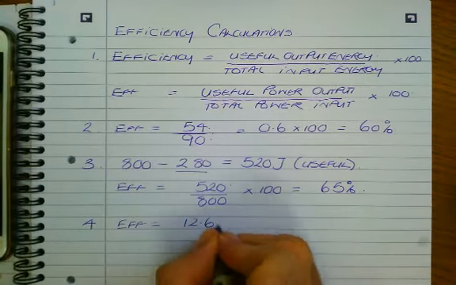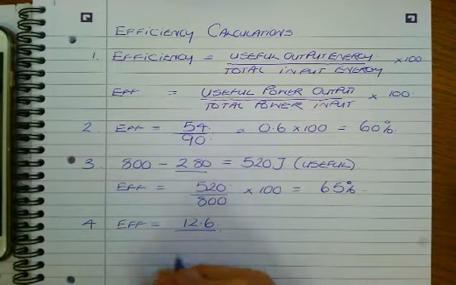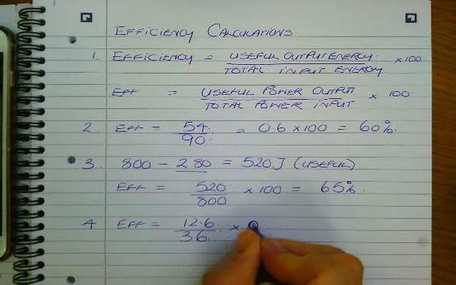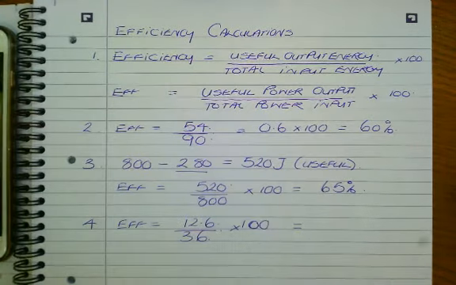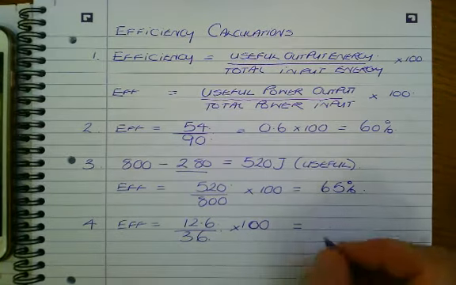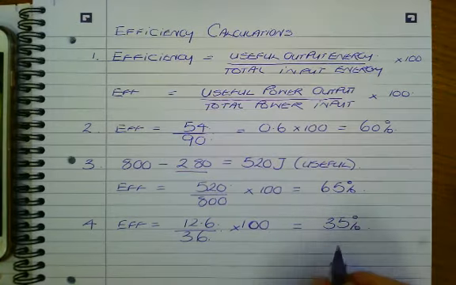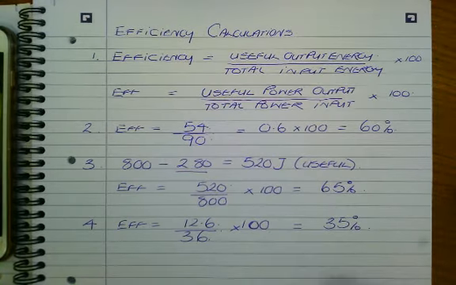We're getting 12.6 out, and we're putting 36 in. And if we express that as a percentage, we're getting 35% efficiency, which is not good. That's a lot of wasted energy.